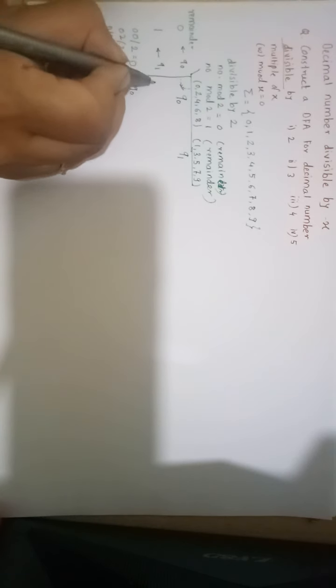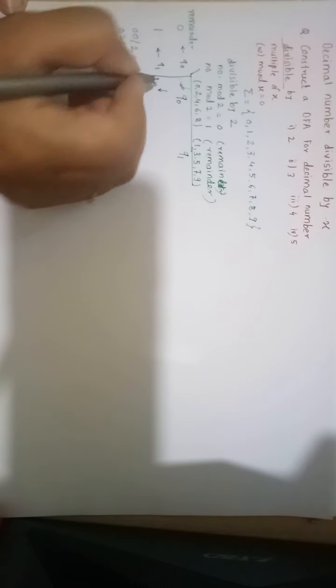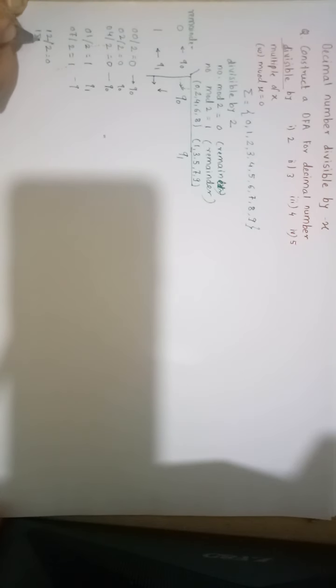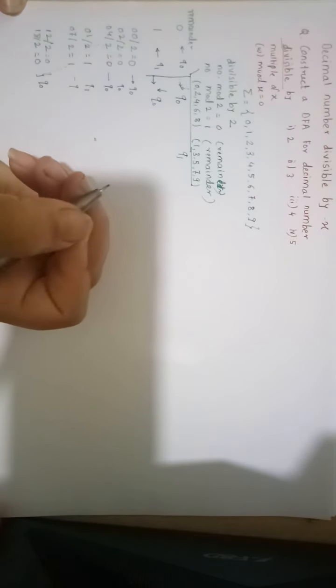So we can combine these two numbers. 12 divided by 2 is equal to remainder 0. Again 18 divided by 2 is equal to remainder 0. 0 means Q0 state, so here we write Q0.